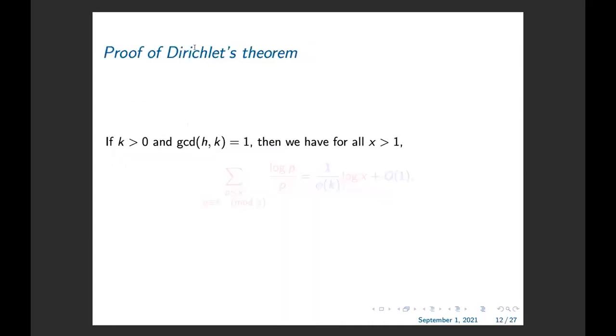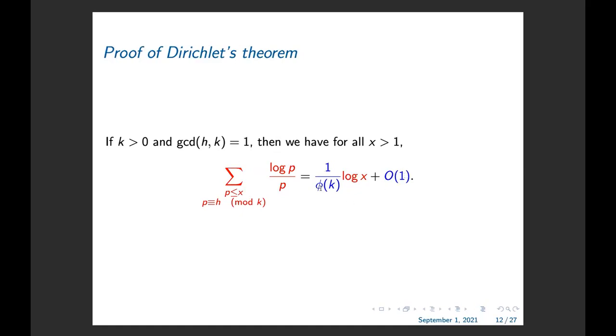So now to prove Dirichlet's theorem, it is enough to show that if we consider this weighted sum of reciprocals, 1 by p weighted by log p, and if we consider this partial sum where these primes are congruent to h modulo k, then this sum is equal to 1 upon phi of k times log of x plus big O of 1.